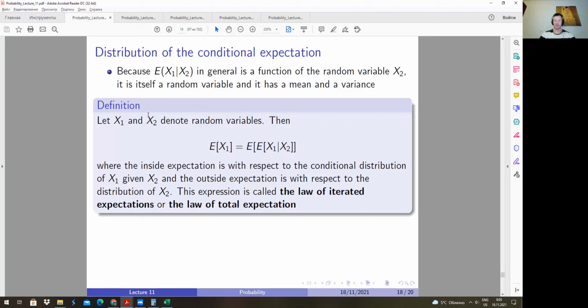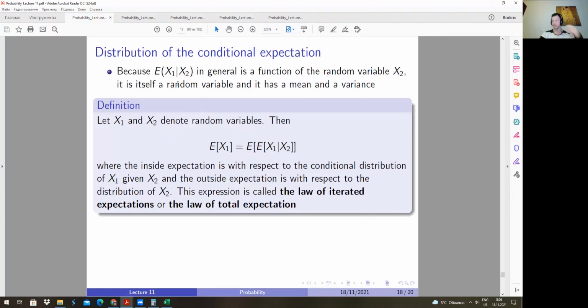So let's see. If you have x1 and x2, and if those are random variables, then the expected value of x1 equals the expected value of the expected value of x1 given x2.